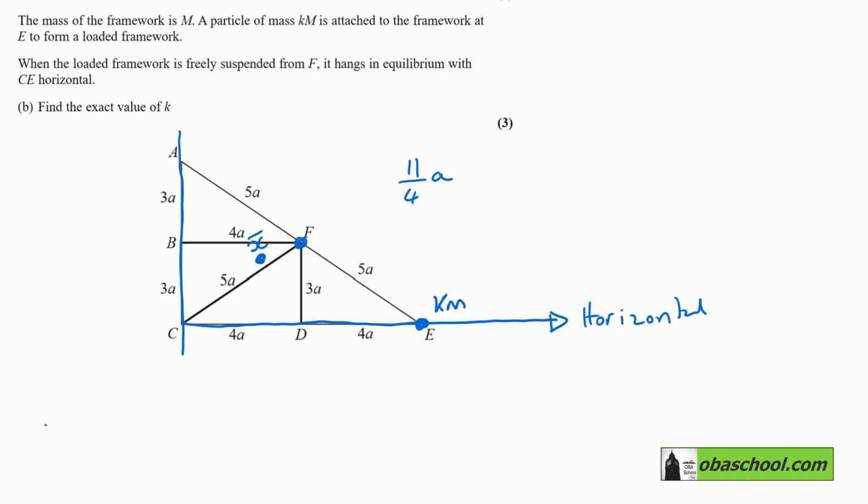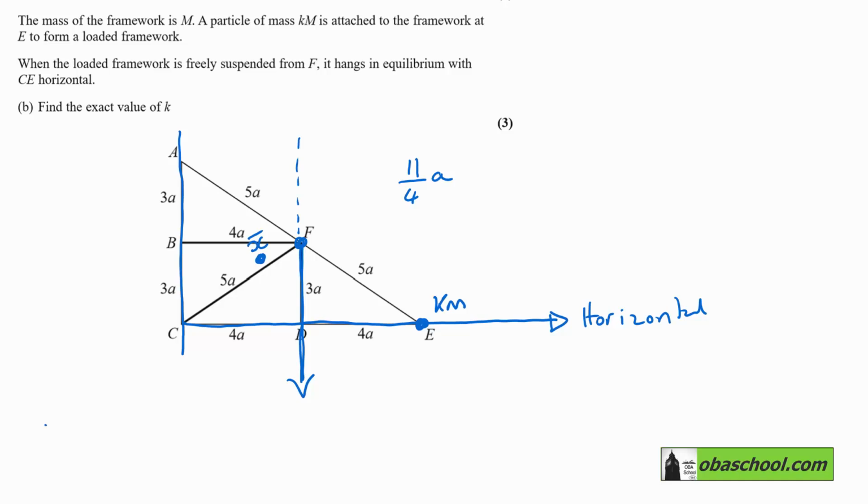Now we're taking moments about F because A, that's the point of suspension, and B, we know that CE is horizontal. So this would be the vertical. So the center of mass overall must be in line with FD.